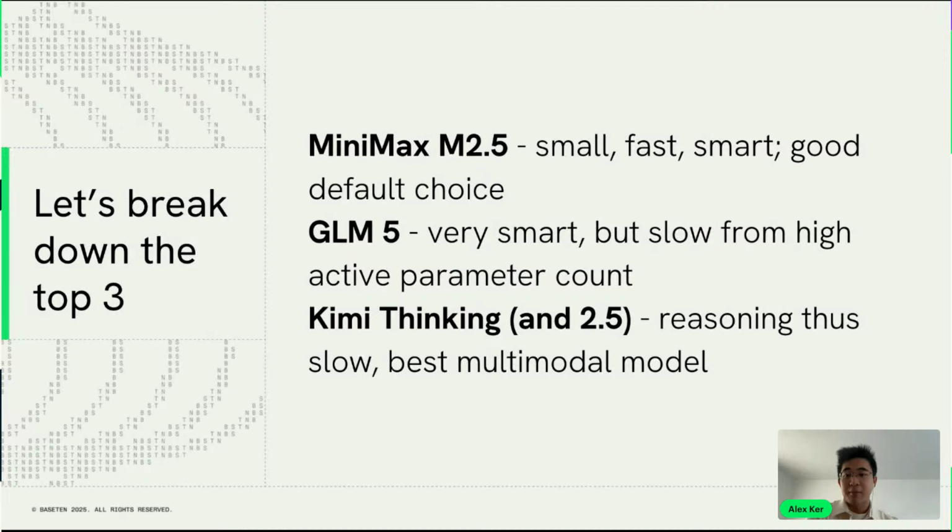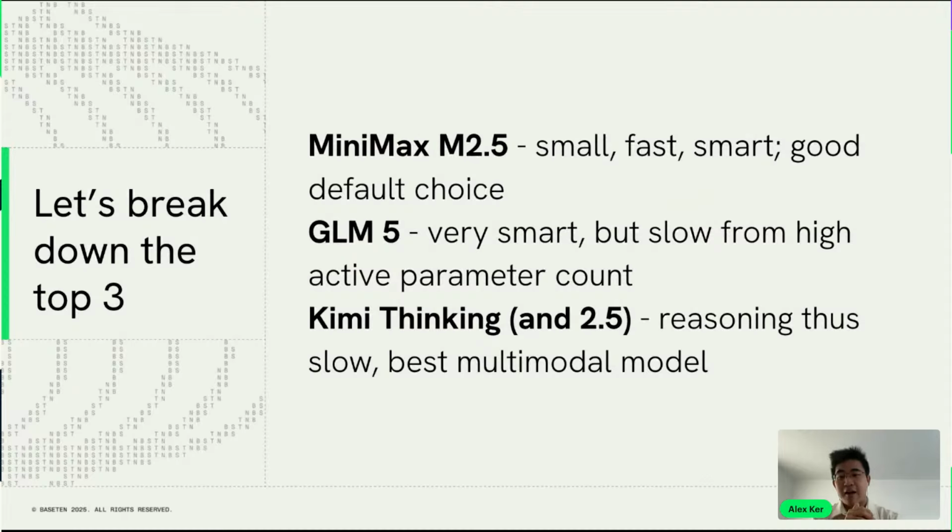The first is Minimax M2.5. This is a really small, fast, and smart model. It's a great default choice for me to spin off parallel agentic tasks. Next, we have GLM5, which is a very smart model, but could be slow due to its high active parameter count and its propensity to reason a lot.